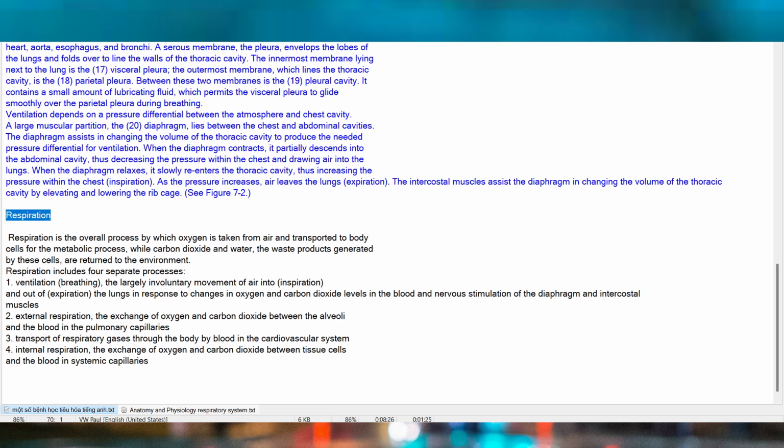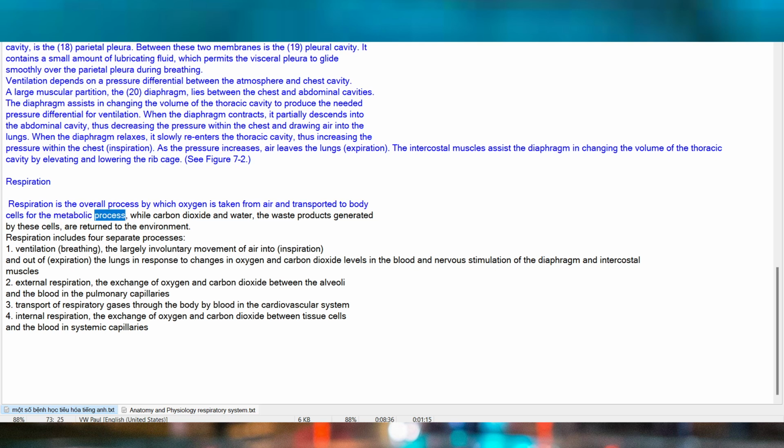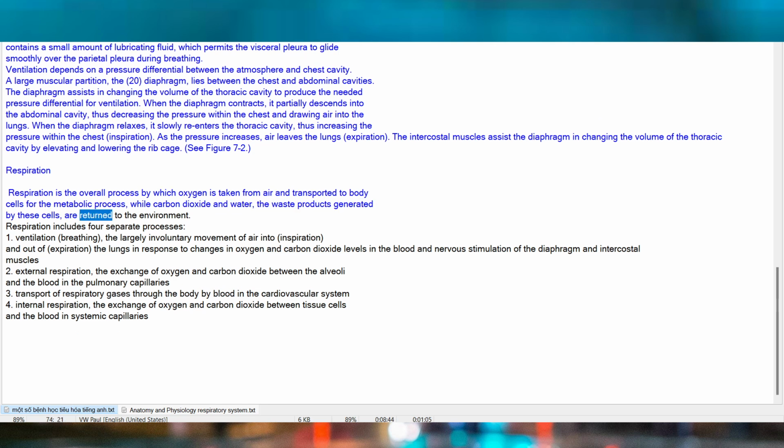Respiration. Respiration is the overall process by which oxygen is taken from air and transported to body cells for the metabolic process, while carbon dioxide and water, the waste products generated by these cells, are returned to the environment.